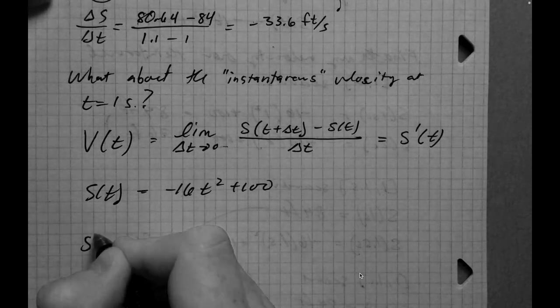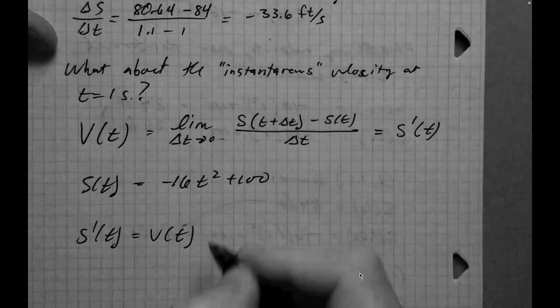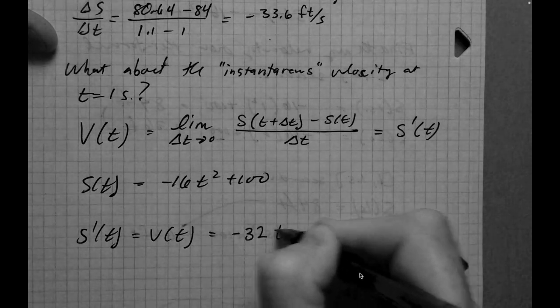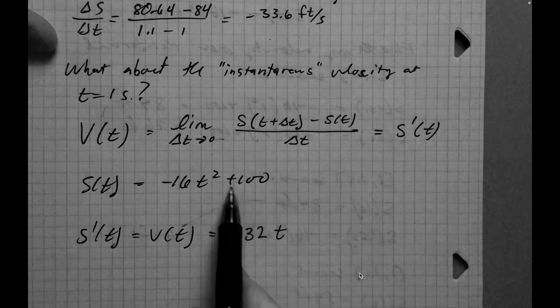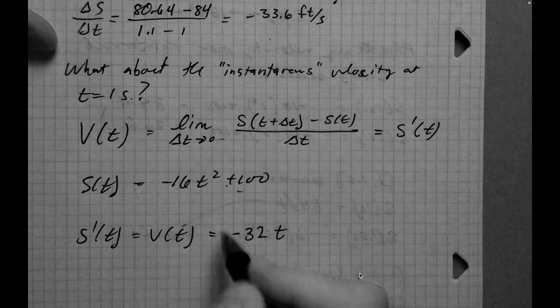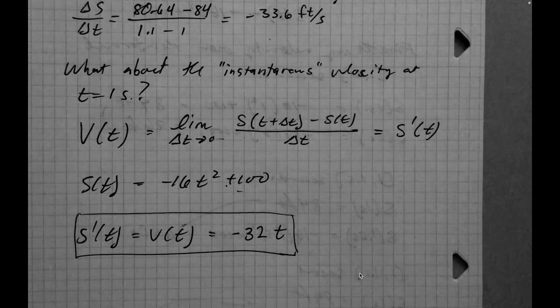So that means s prime of t, which we just said was equal to velocity, is equal to negative 32 t, plus the derivative of 100, which is 0. So that's where we can get to a function that tells us the velocity at any time t. So starting with a position function, we can derive a velocity function as the first derivative of position.